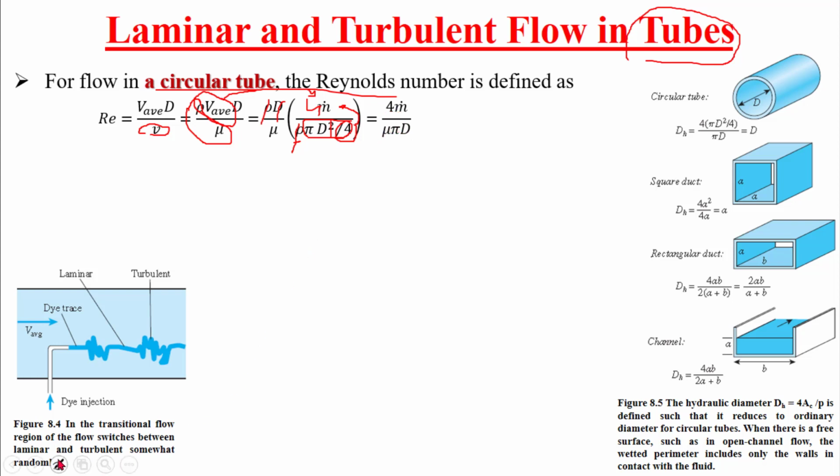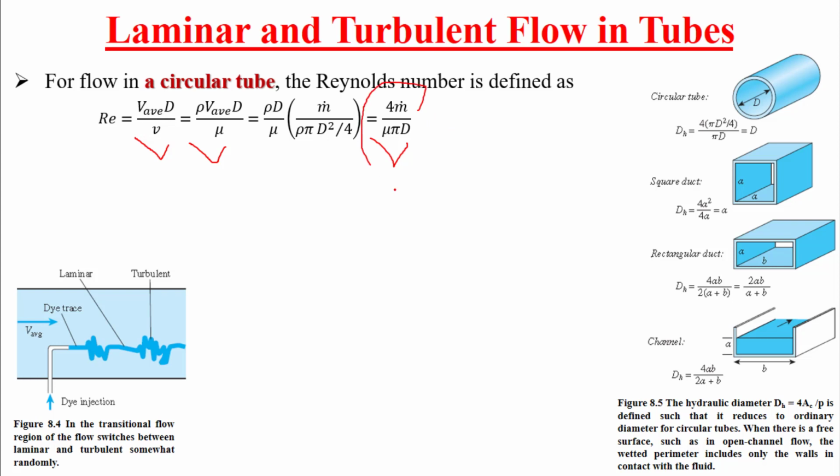In solving problems, we will choose to calculate Reynolds number from this equation or this one or this one. It's up to you, it depends on the parameters of the problem. Sometimes the problem will give you everything except density, so you must use this one.